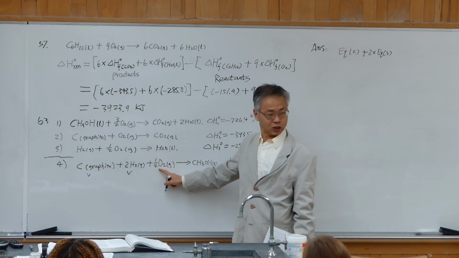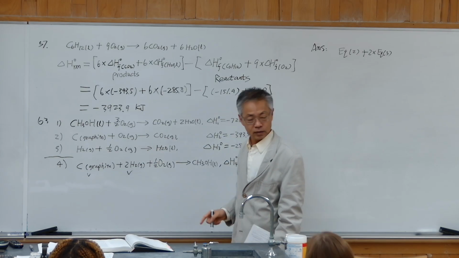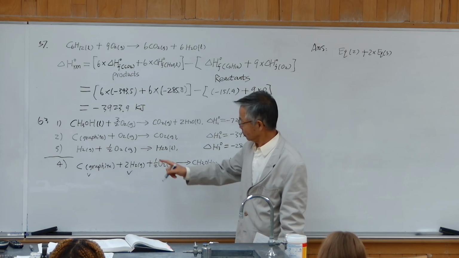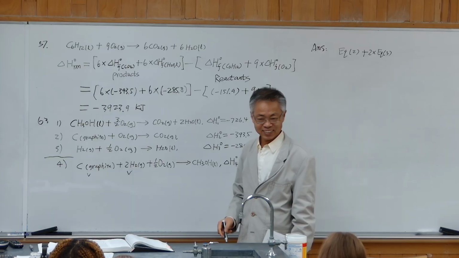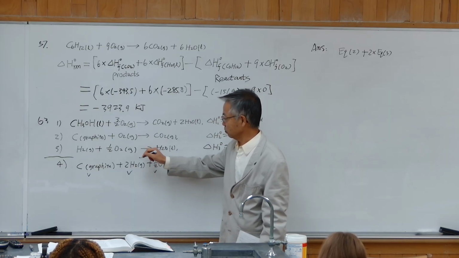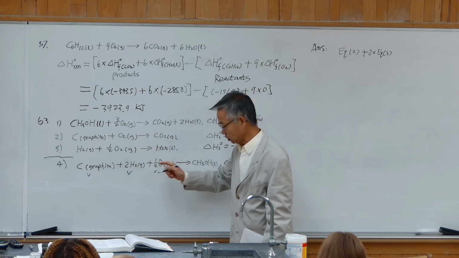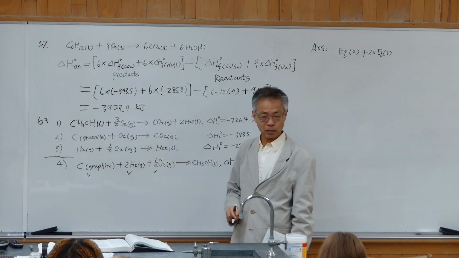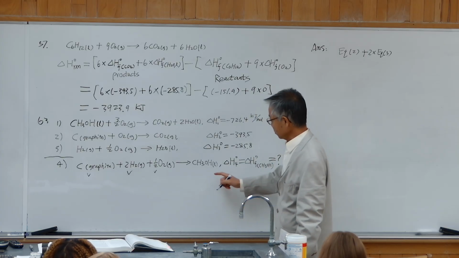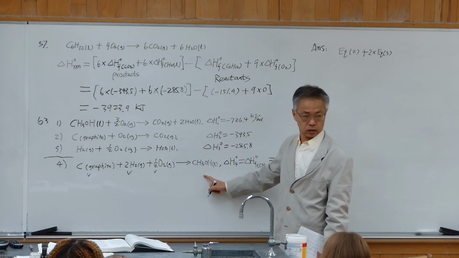Then we need oxygen. Every equation has oxygen, so the oxygen is already there from equation 2 and equation 3. Just set it aside, don't worry about it. Then we need CH3OH, methanol, as a product.